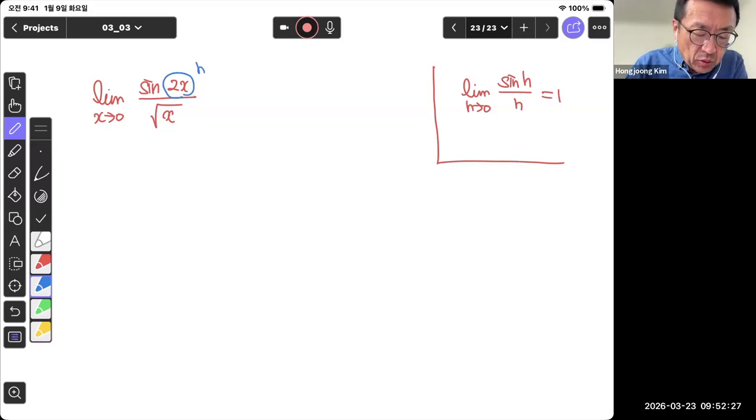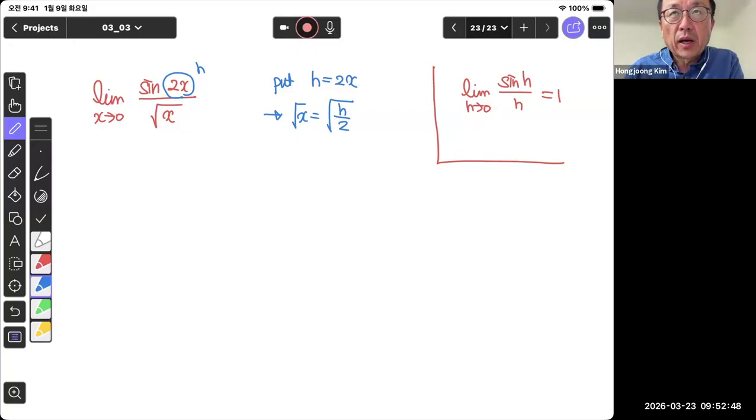In other words, we want to define h by 2x. Then x will be h over 2. So square root of x will be square root of h over 2. That is square root of h over square root of 2.